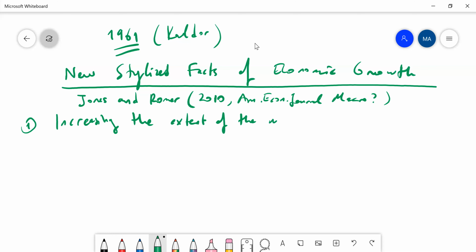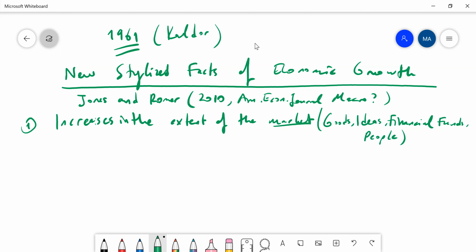So when I say market, I basically mean a couple of markets. One is the markets for goods. The other is the markets for ideas. The other is the markets for financial funds, let's say. And the other is the market for people, okay?